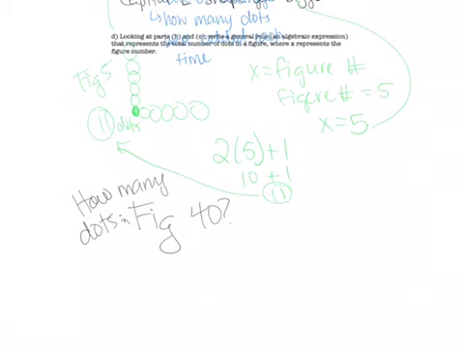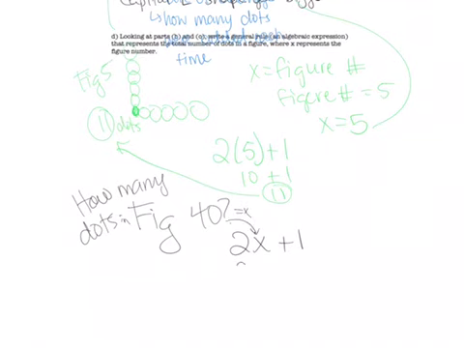The faster way would just be to take your original equation, 2x plus 1, and plug in. So figure 40 is x. Then I plug 40 in for x, and I get 2 times 40 plus 1. 2 times 4 is 8, add a 0. Then I know that figure 40 has 81 dots.